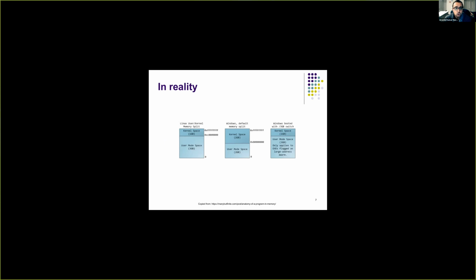Here, the top 1 GB of the virtual address space is always mapped to kernel memory. That means the page table entries of a user mode process corresponding to the top 1 GB of memory always map to the kernel. User mode cannot access the top 1 GB of addresses, by the way. If you try to access it, you will get a segmentation fault.